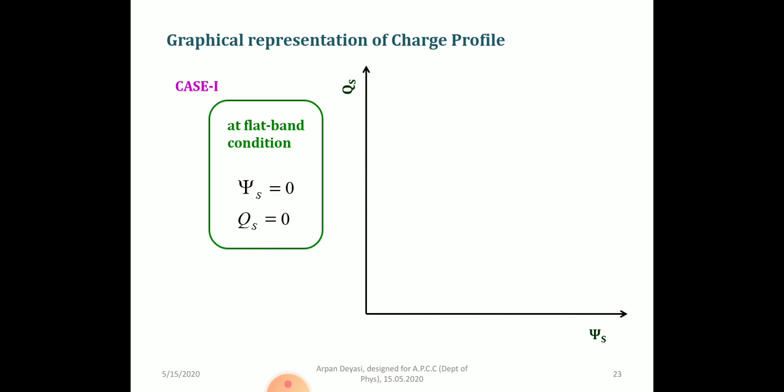So if Qs is 0, please try to plot psi s versus Qs. Naturally, it will be a point where psi s and Qs are 0. At that point, you may wonder why I am not taking the point at the origin. Already I have mentioned that in accumulation, the surface potential is negative, and in depletion and inversion, the surface potential is positive.